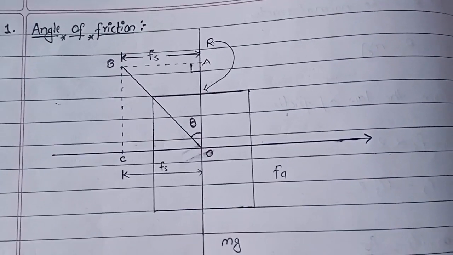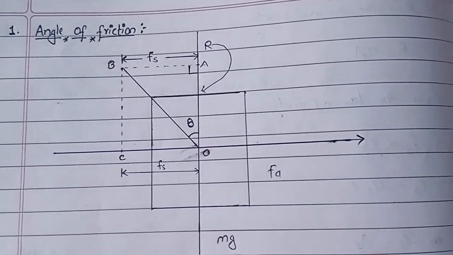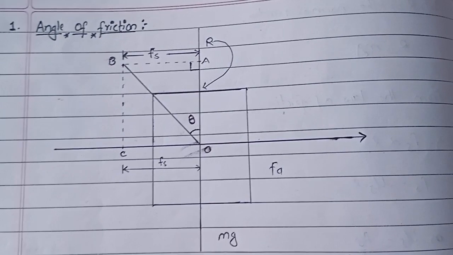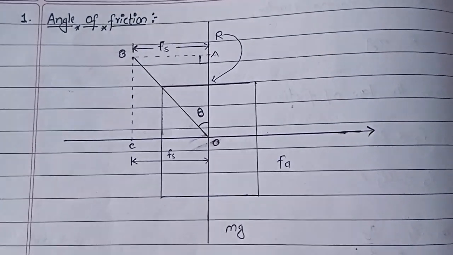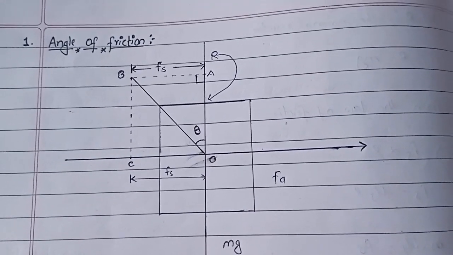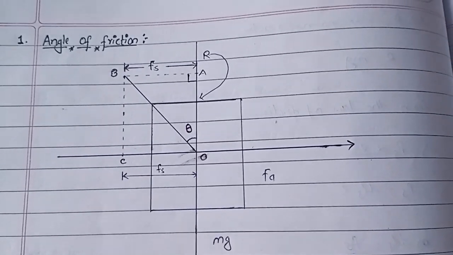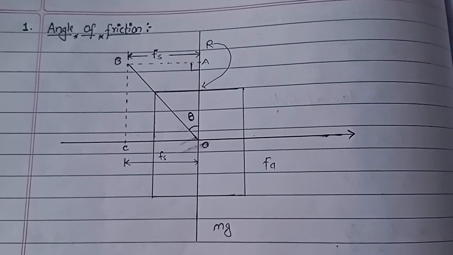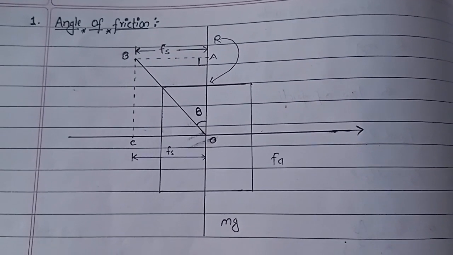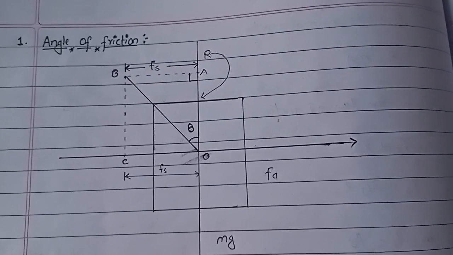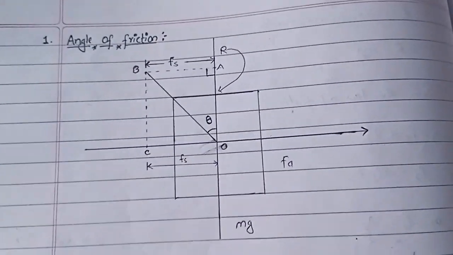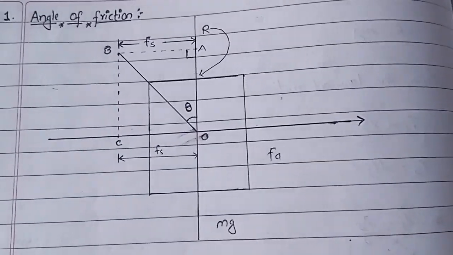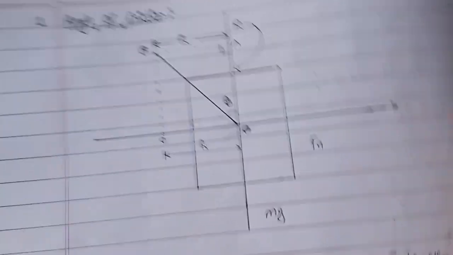In terms of physics, we can say friction is an opposing force that comes into play when opposing bodies come in contact with each other. So simply, this is the definition of friction. Let's start today's lecture.